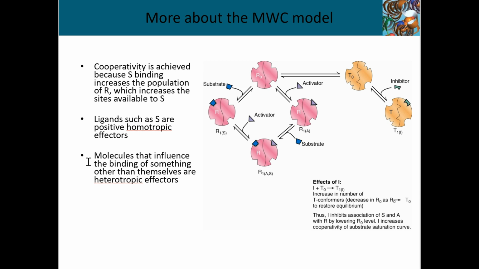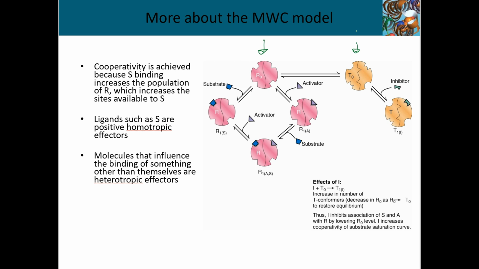Here we go. A little bit more detail on the MWC model: if we're getting oriented on this slide, starting top center here, we have a dimeric protein, which is going to start out in the relaxed form, and it is in equilibrium with the taut form here.